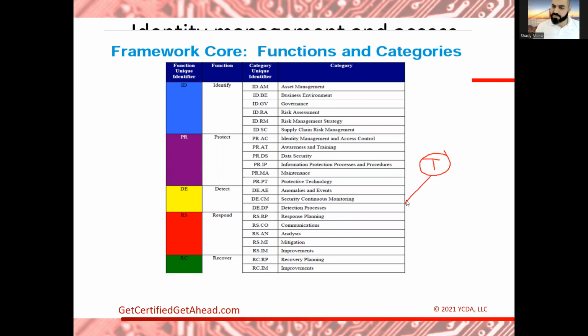Some of these controls could be preventive controls, some could be corrective controls, and some could be detective controls. Also we mentioned one of the controls called compensating controls. So what is the difference between preventive, corrective, detective, and compensating?